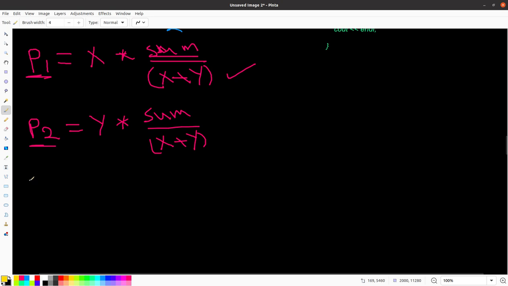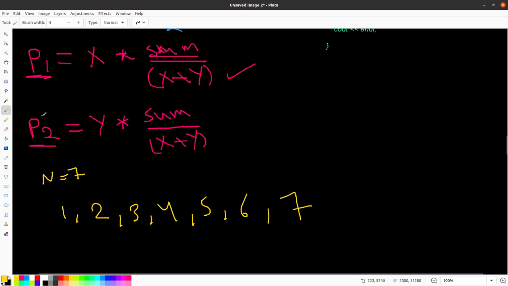Imagine we have n equal 7, so we have numbers 1, 2, 3, 4, 5, 6, 7, and we need p1 to equal, say, 11.